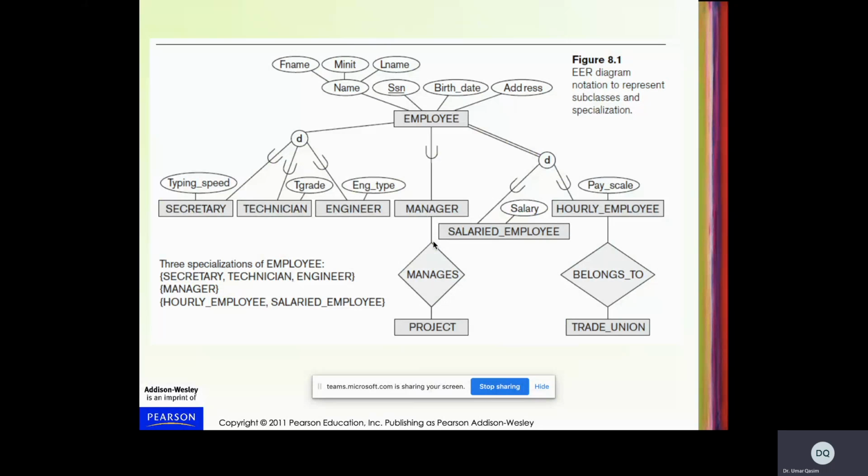And then we have this subtype of manager. So not all employees are managers. We will look at these notations that you are seeing here, a circle and a d and then this subset sign. So let's look into more details for this diagram.